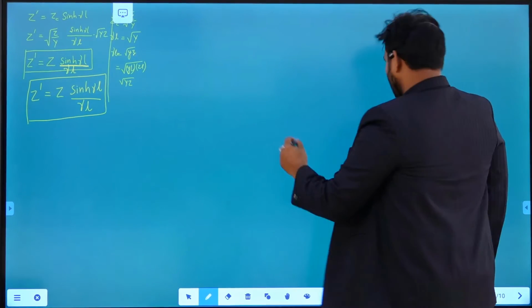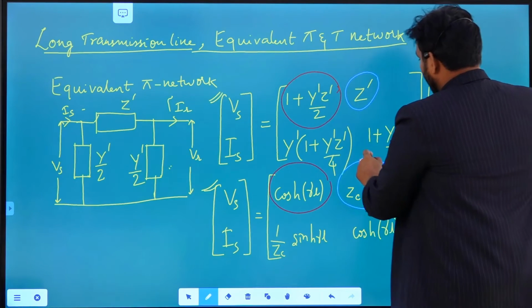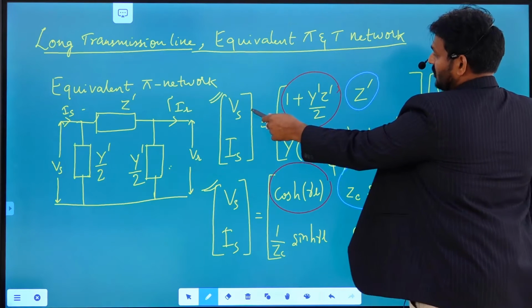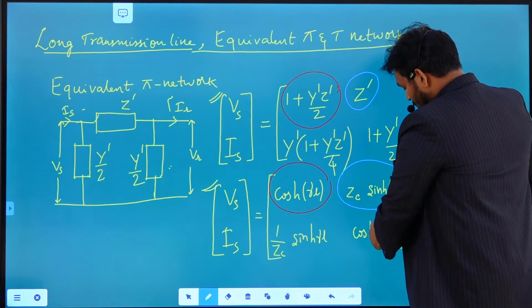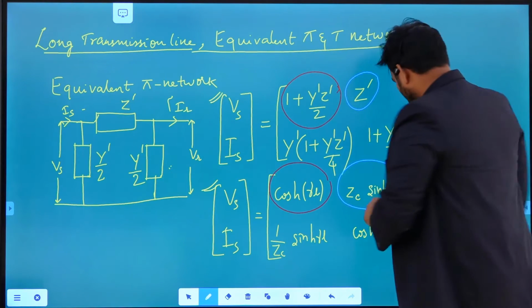Now we have, if we compare A and A in medium and long lines, cosh of gamma L can be taken equal to 1 plus Y dash Z dash by 2.